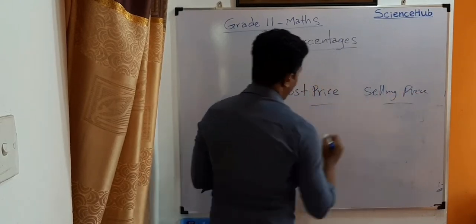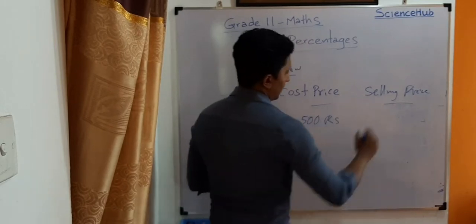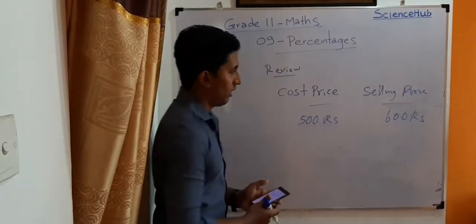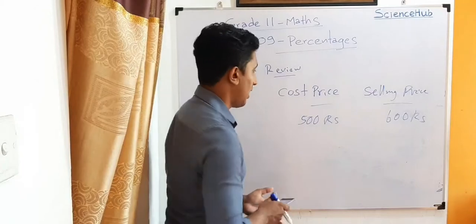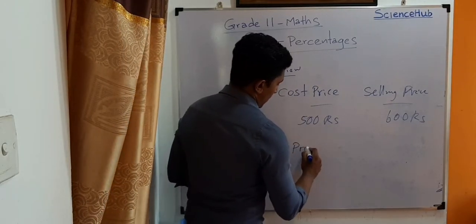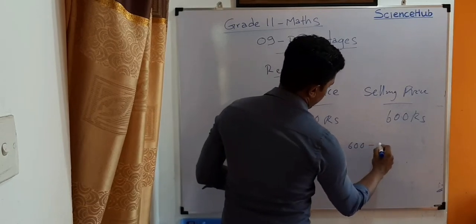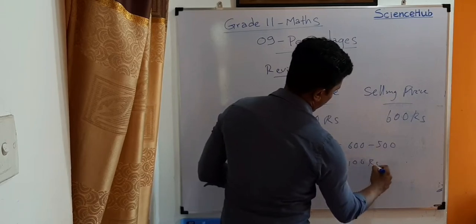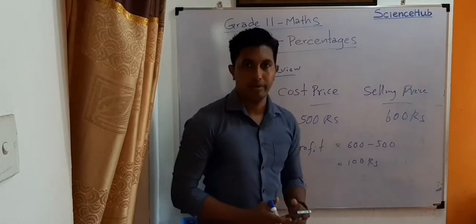The cost price is 500 rupees and the selling price is 600. Then what is the profit? Profit is 600 minus 500, which is 100 rupees.